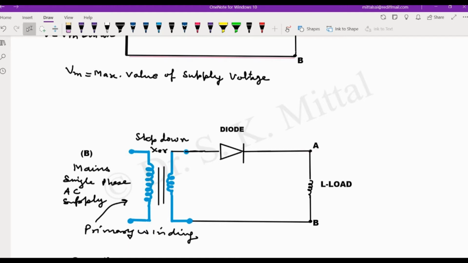If single phase AC main supply is applied at the primary winding of step down transformer, then low voltage AC is obtained at the secondary winding. This is the secondary winding.